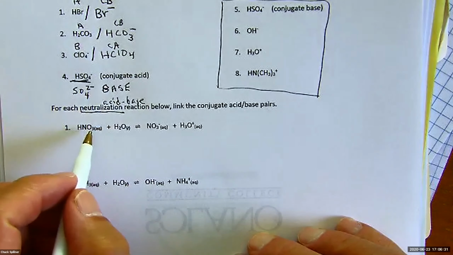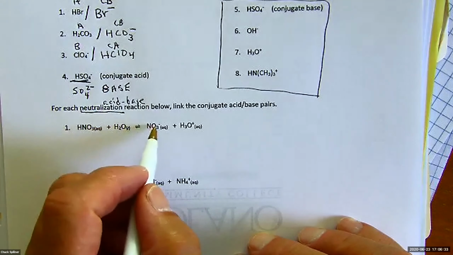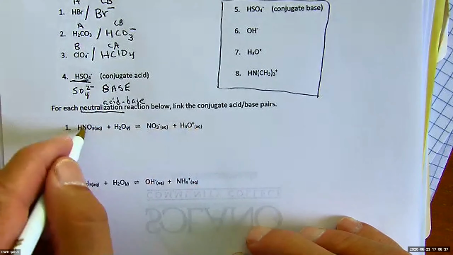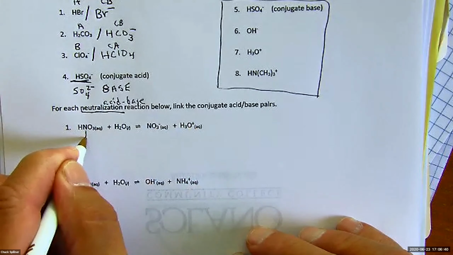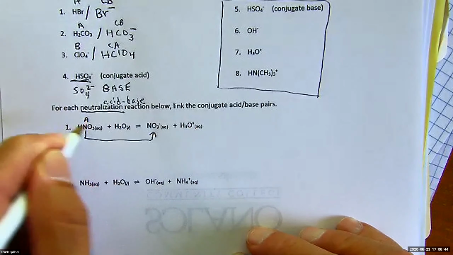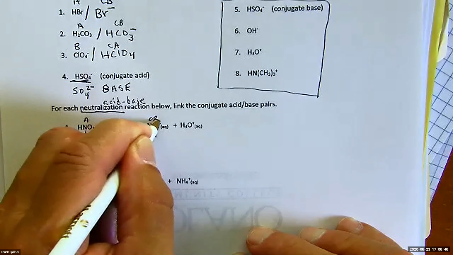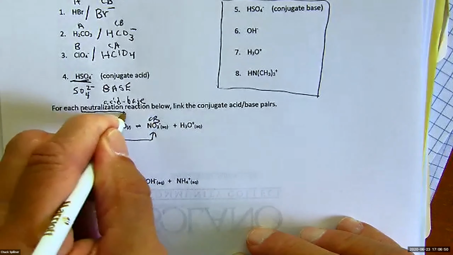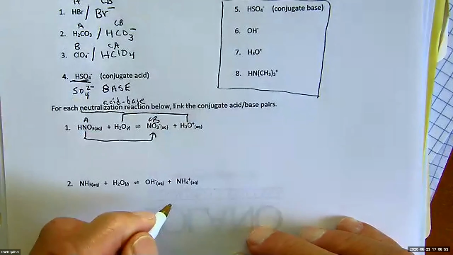So here we have nitric acid plus water going to nitrate ion plus hydronium ion. So link the conjugate acid-base pairs. So we have HNO3 going to NO3 minus. So we have an acid here and the conjugate base here. And then we have H2O here going to H3O plus.